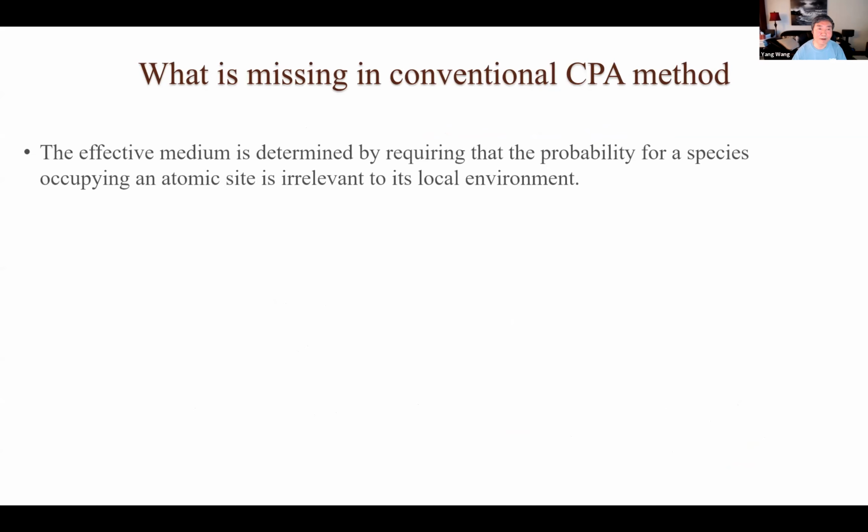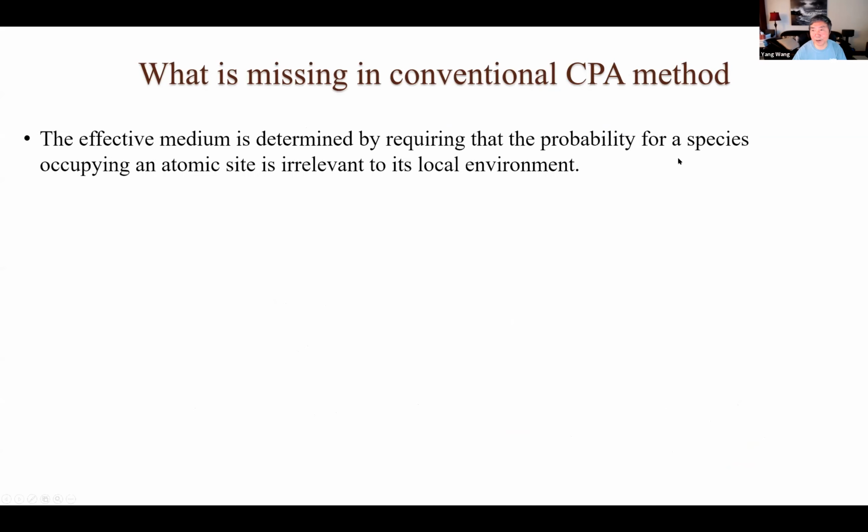So what is missing in the conventional CPA method? The effective medium is determined by requiring that the probability of a species occupying an atomic site is independent of its local environment. Remember that we did the average for the effective medium equal to C1 times a single impurity surrounded by CPA medium plus C2 times the other single impurity surrounded by CPA medium. So that means the probability you find a particular atom at a particular site is C1, based on the content of the species in the crystal.